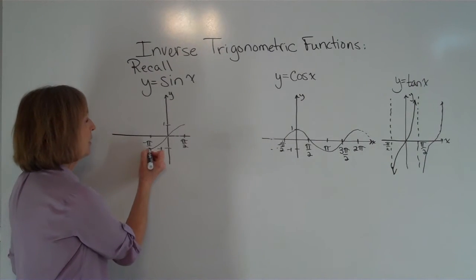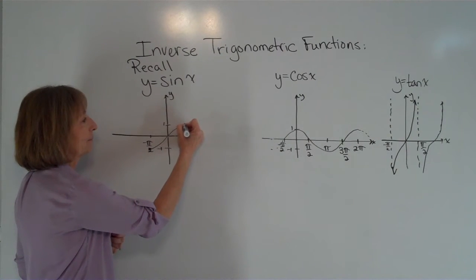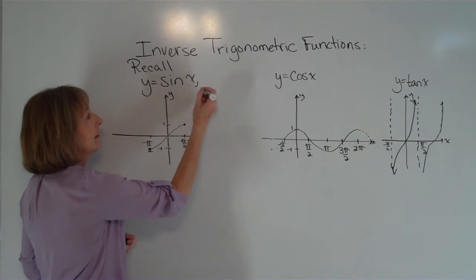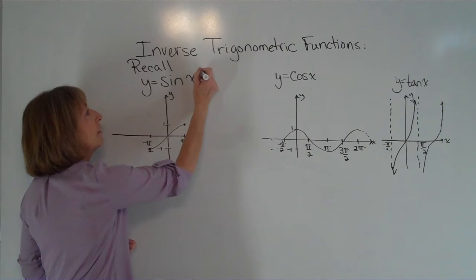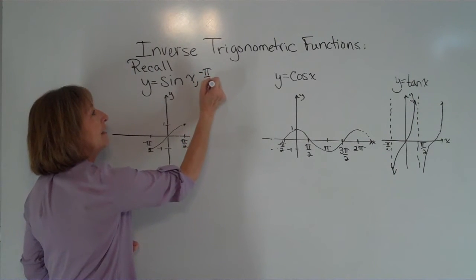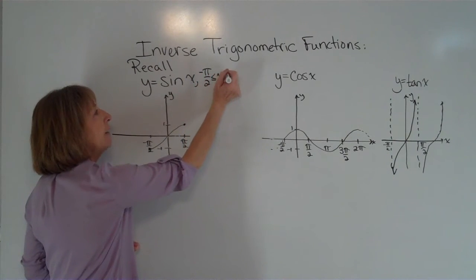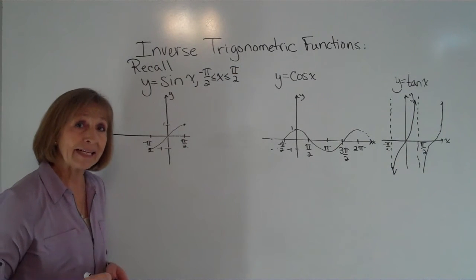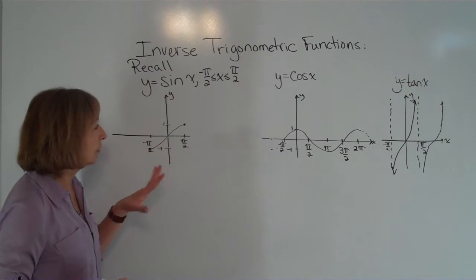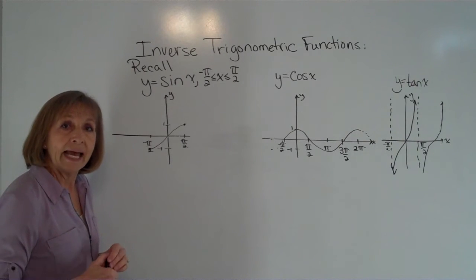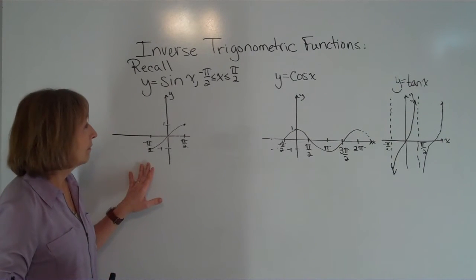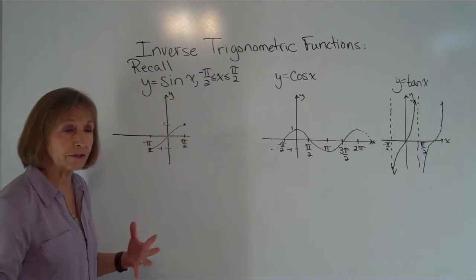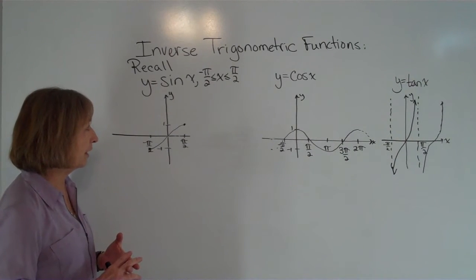So for y equals sine x, if I restrict my domain of angles to be from negative pi over 2 to pi over 2, then over that span centered about the origin, my function is 1 to 1, so I will have an inverse that's also a function there.